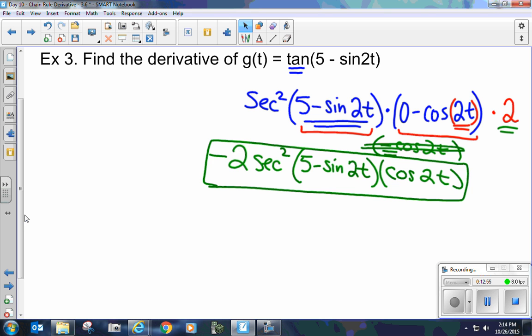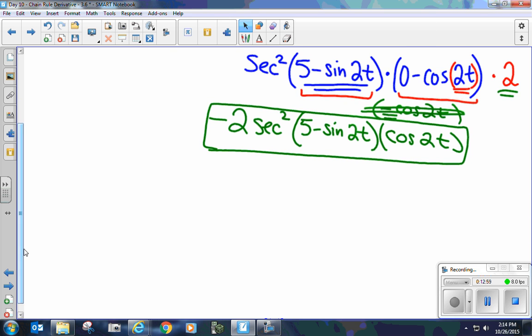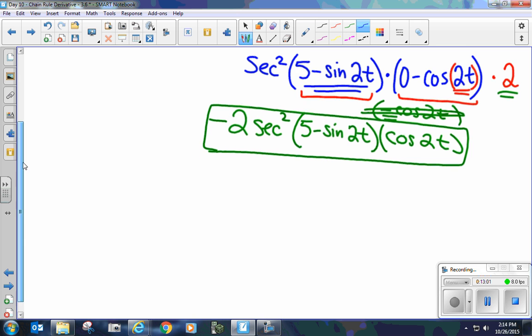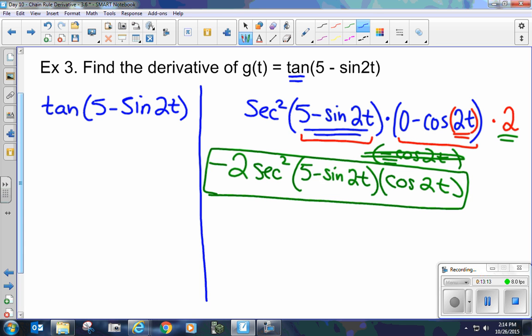So, let's do this another way. Let's try this in a more organized way, okay? So I need to take the tangent. We started out, I'm going to write it this way. Maybe it'll look a little bit easier to the eye. The tangent of 5 minus sine of 2t, okay? So I know that's secant squared times 5 minus the sine of 2t, all right?